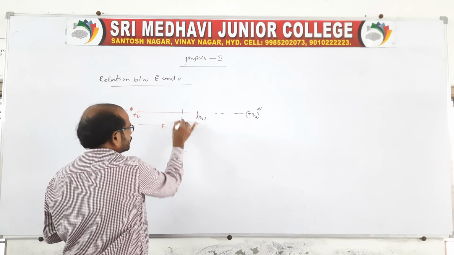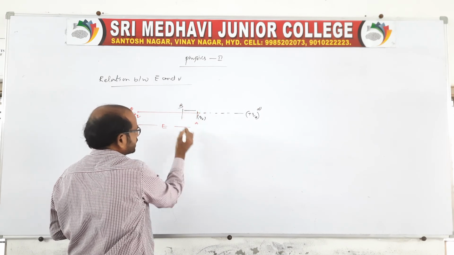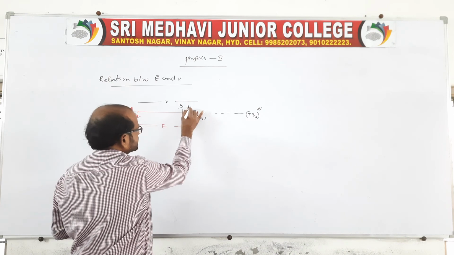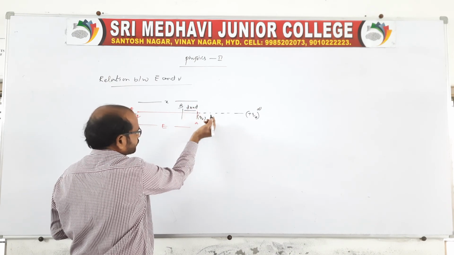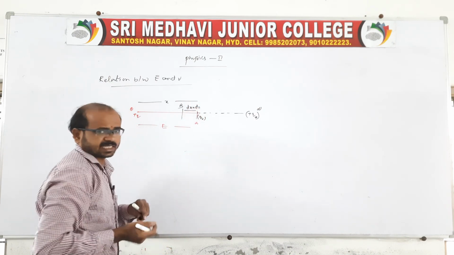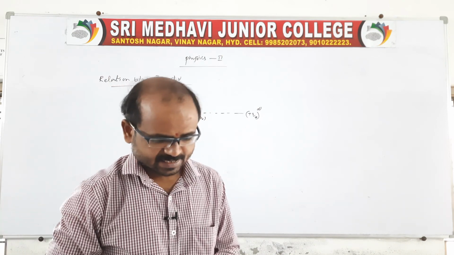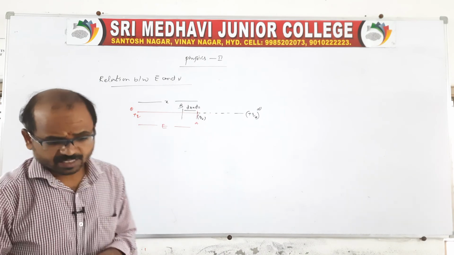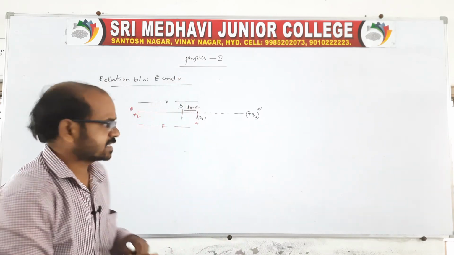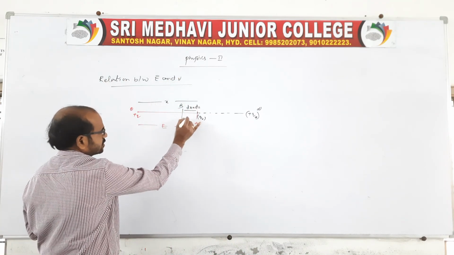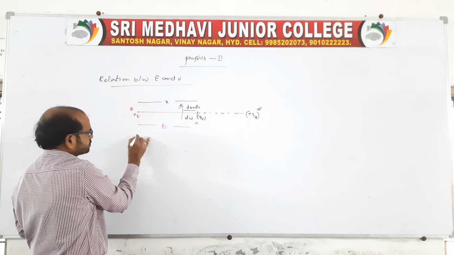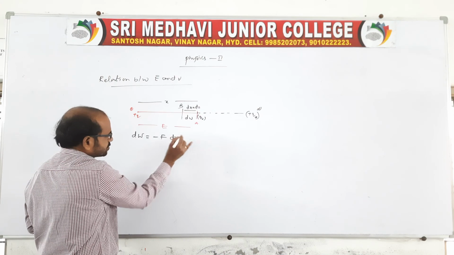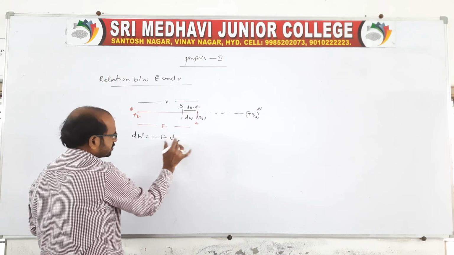Again this charge is moved from A to B, and there is work said to be done, because it is moved through a small distance dx, or you say d or r, something like that. Clear? The small amount of work done is dW is equal to minus F into dr, or dx.